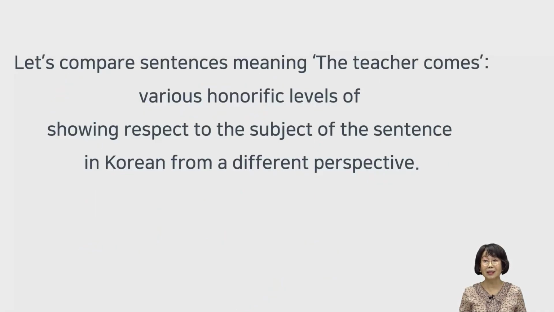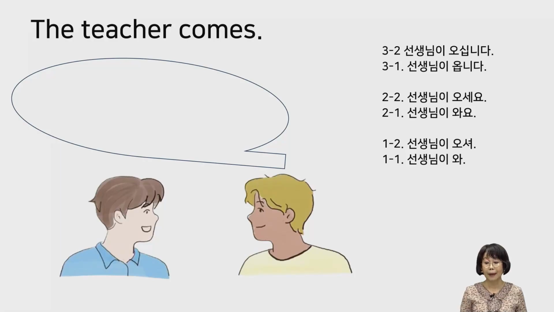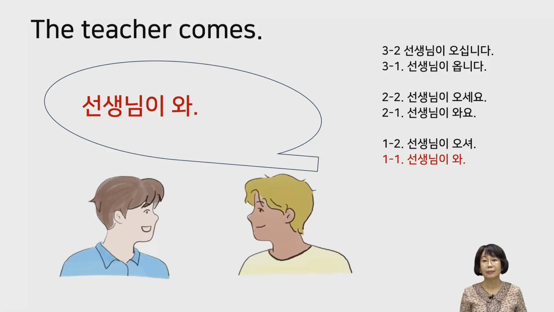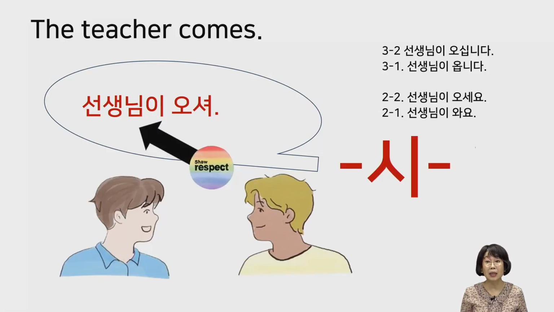Let's compare sentences meaning "the teacher comes," with various honorific levels showing respect to the subject of the sentence in Korean, from a different perspective. 선생님이 와, 선생님이 오셔, 선생님이 와요, 선생님이 오세요, 선생님이 옵니다, 선생님이 오십니다. 선생님이 와, casual. 선생님이 오셔, it has 시 here.